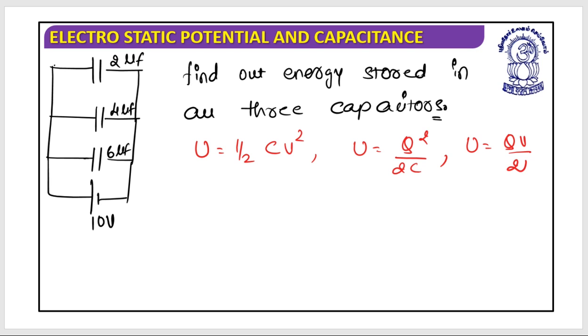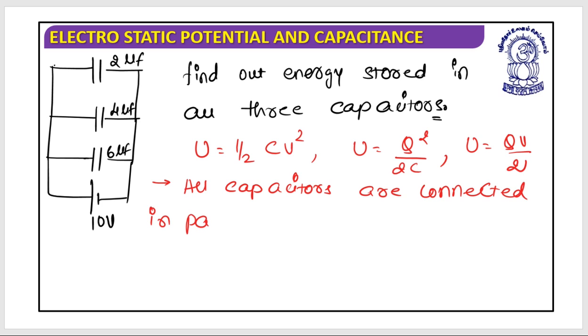So what I understood is that all these capacitors are connected in parallel combination first, and as they are in parallel combination, their potential difference would be equal.